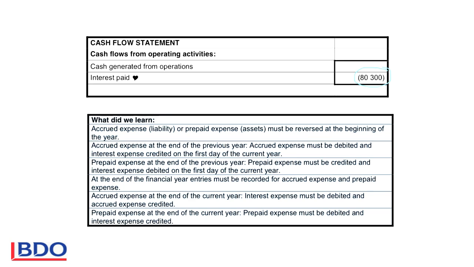So included in this 80,300 is the accrued expense of the previous year that caused the outflow in the current year. It is the expense for the current year that caused the outflow, and it also includes the prepaid expense for the following year.